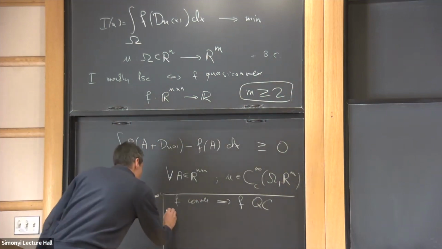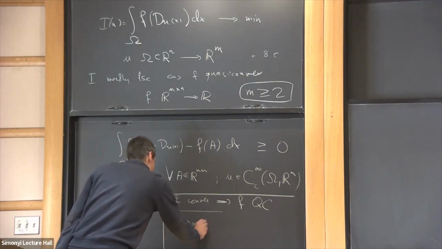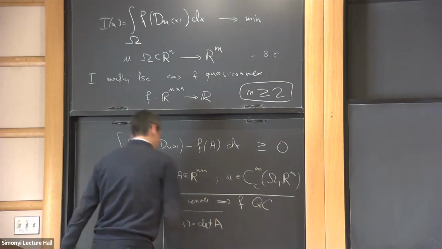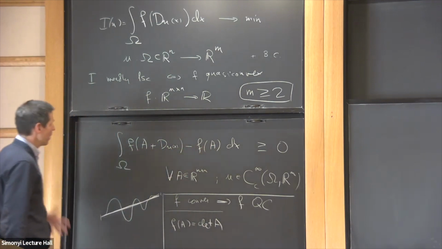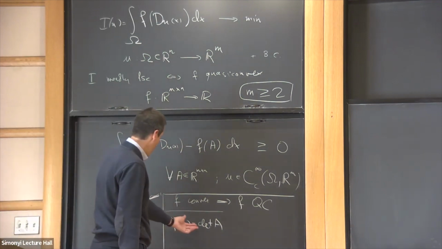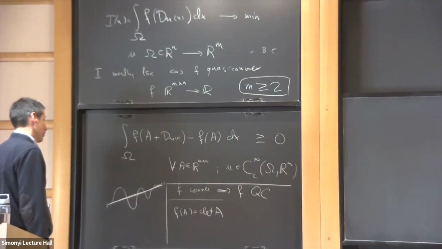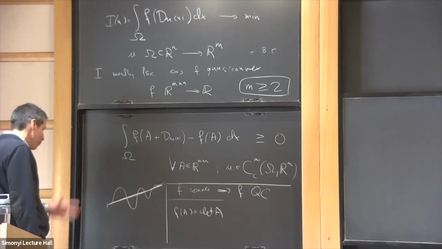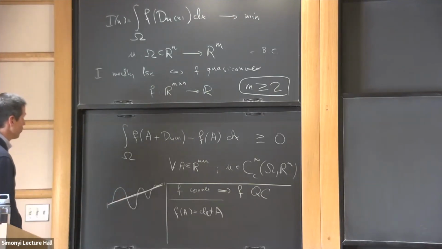You can, for instance, take f of A equals the determinant of A. Then actually the integral is identically equal to 0. The integral of the determinant of the Jacobian matrix only depends on the boundary conditions.